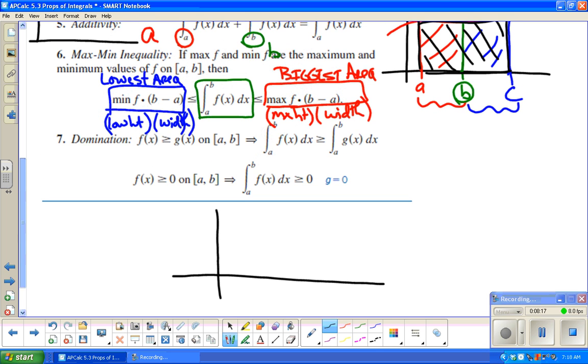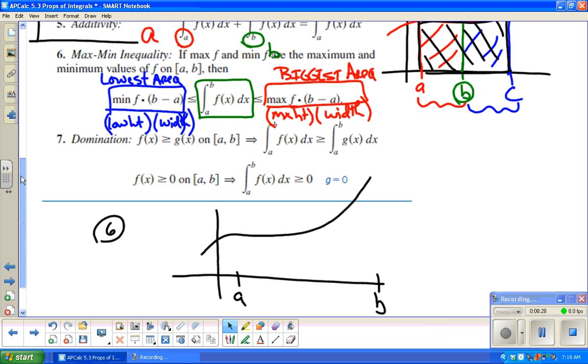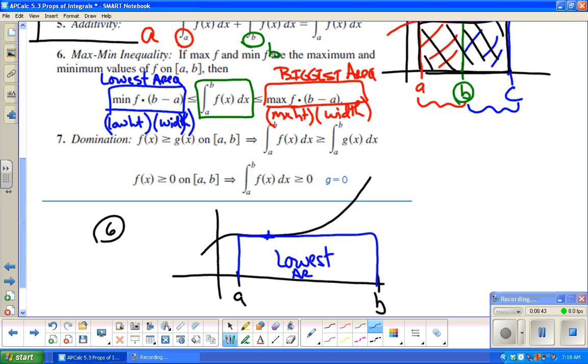Okay, so just to do a little picture, this is to try and illustrate property number 6. I have some lovely function, and I'm talking about in between A and B. If I go to the lowest height between A and B, let's just pretend it's here, and I find an area, the lowest height times the width.